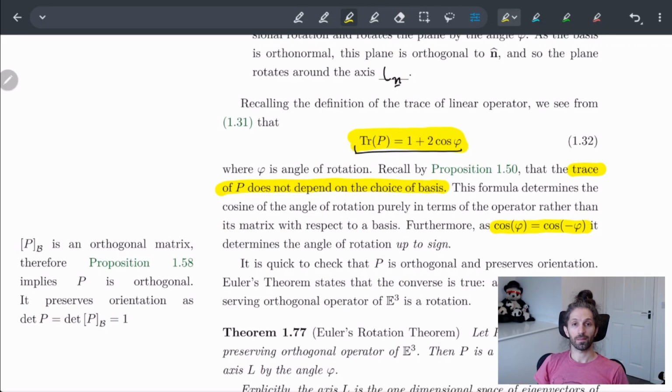Like if I rotate 50 degrees this way or 50 degrees that way, the trace is going to be the same. It's really the sign that we'd be thinking about. So in other words, this trace formula only determines the angle up to sign. If I'm given the trace, I don't know if I went 50 degrees this way or 50 degrees that way. I have zero idea.